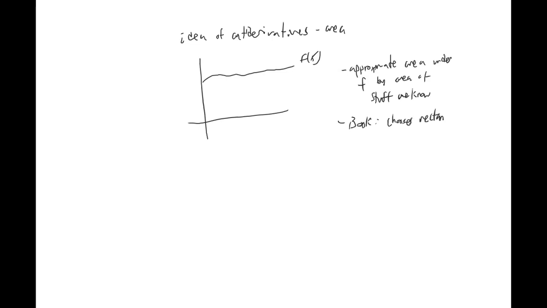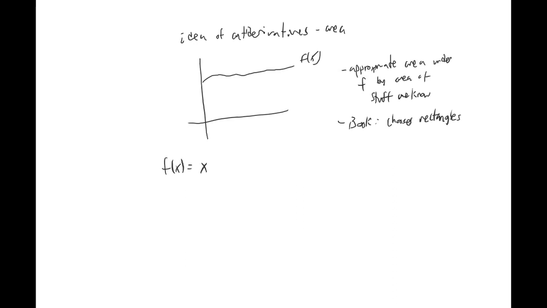You can use triangles or trapezoids if you want, but rectangles are the easiest. So what we're going to do is first approximate a function by rectangles, then see how to improve it, and then we'll get the actual area.